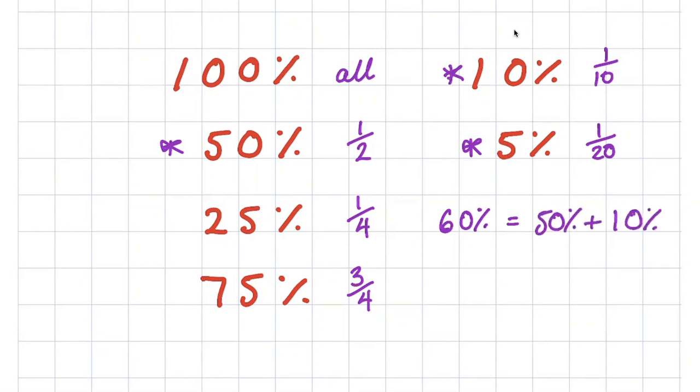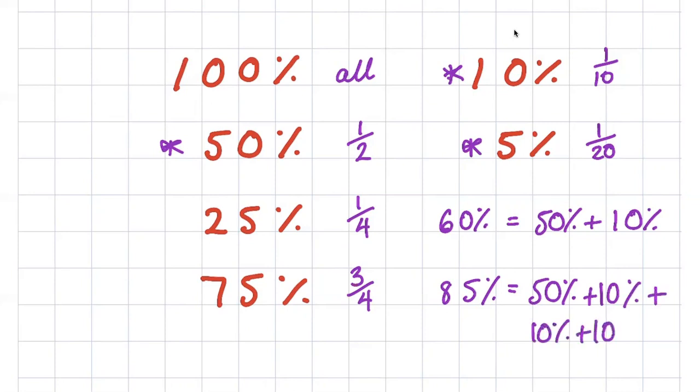And if we wanted to find, say, 85%, goodness, that's a bit more complicated, we could do 50%, add 10%, add another 10%, add another 10%, add 5%, and that would give us 85% as well. So we can just layer these percentages on top of each other to work it out.